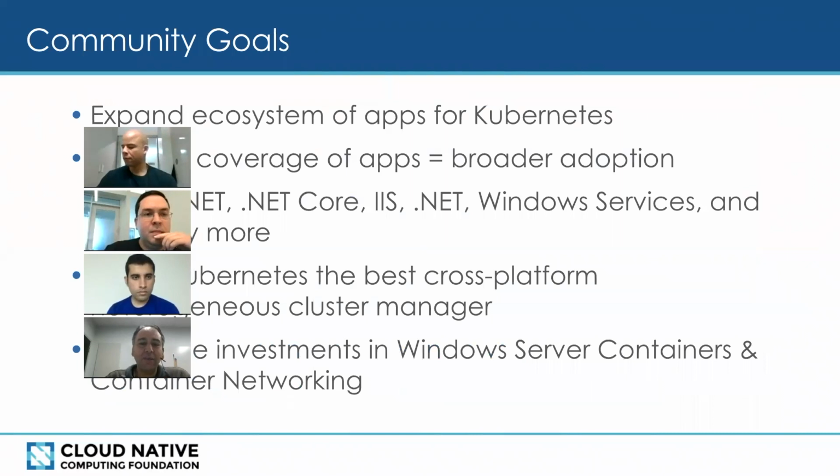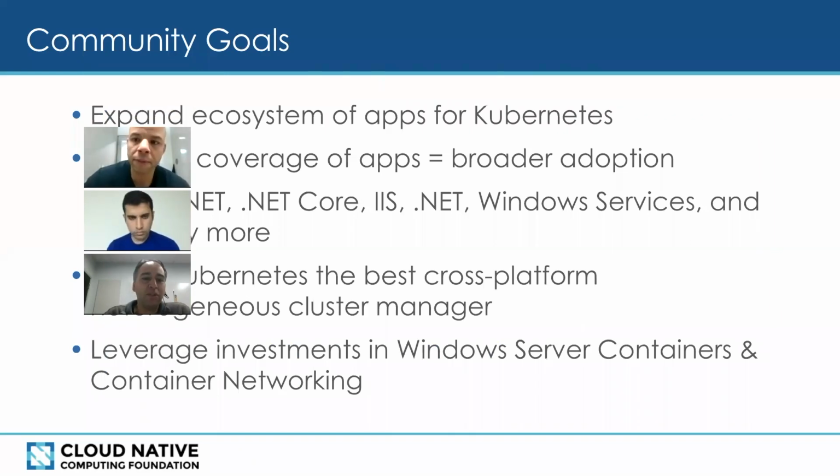So the SIG Windows community has been working very hard for close to 2 years now in basically bringing Windows Server to the entire Kubernetes ecosystem. Essentially our goal here is to significantly expand the implementation scenarios and the enterprise reach of Kubernetes. Gartner estimates that about 80% of enterprise applications today still run on Windows.